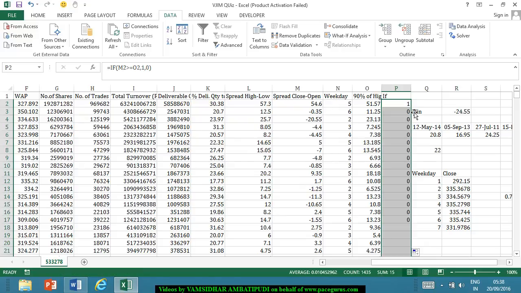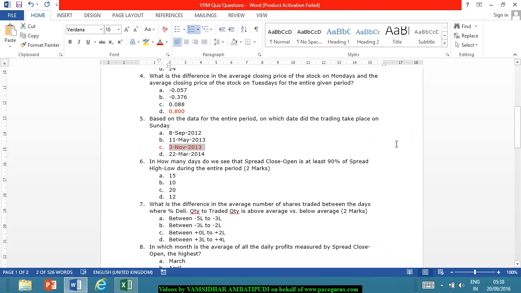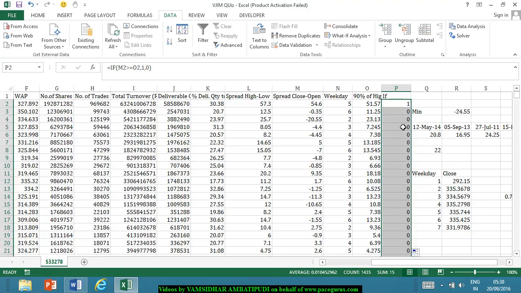So I'm setting these things. So these are the days on which the close minus open is greater than or equal to 90% of high minus low.